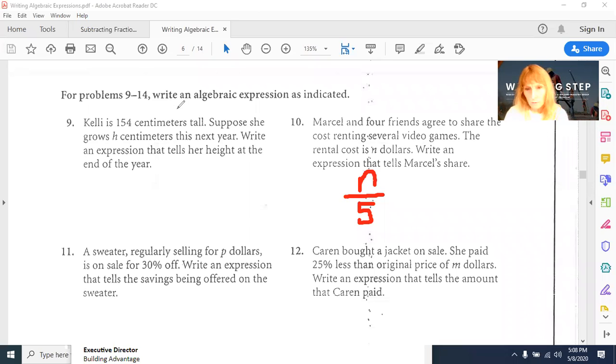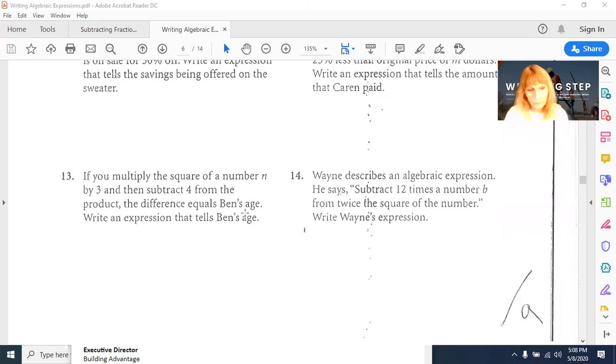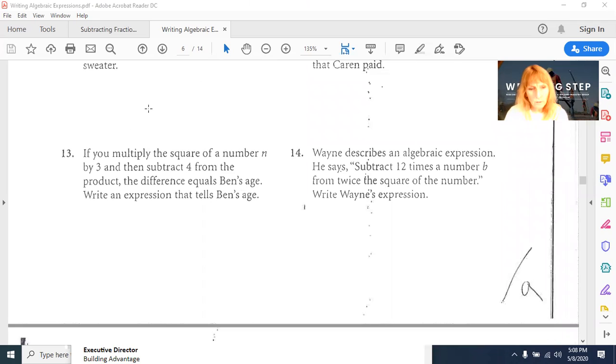Number 13, let's go to that one. If you multiply the square of a number by 3 and then subtract 4 from the product, the difference equals Ben's age. Write an expression that tells Ben's age. Well, let's start writing. If you multiply the square of a number n, so n squared, by 3, that's 3 times n squared, and then all of that you're going to subtract 4.